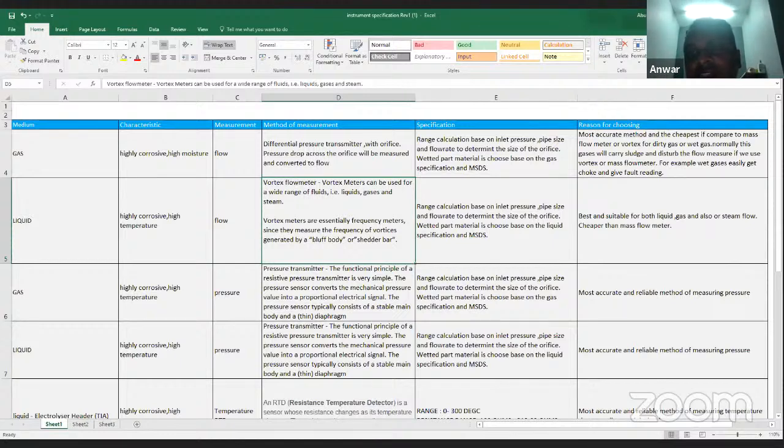If it's in conjunction with the annual shutdown, then we will calibrate accordingly. But let's say that you need to do the calibration while the plant is running.